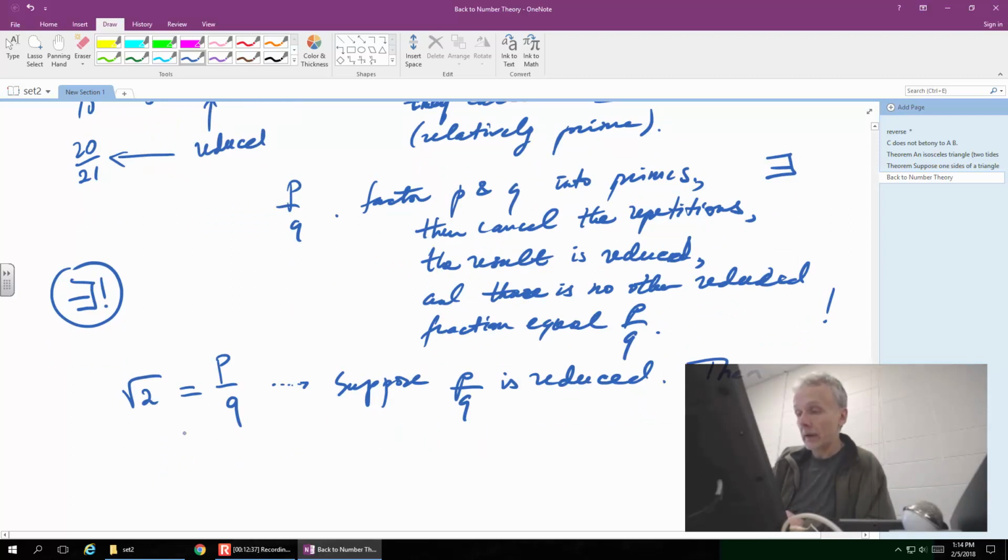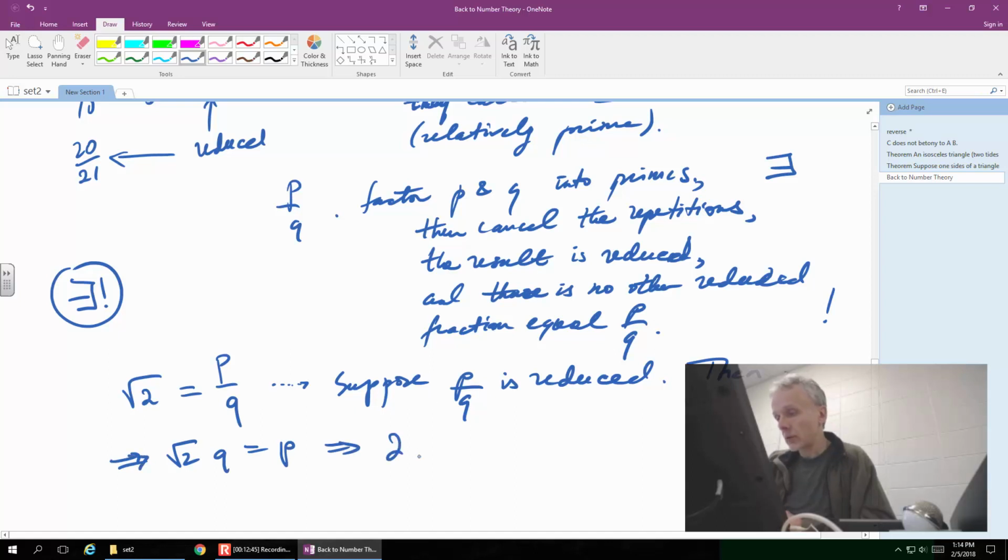Then you see the consequences. Then I have, as we did, square root of 2 times q is equal to p, so 2q squared is equal to p squared. And then we continue with the logic that we did. Remember what we did at this point?